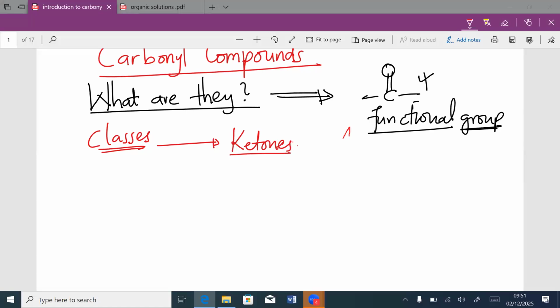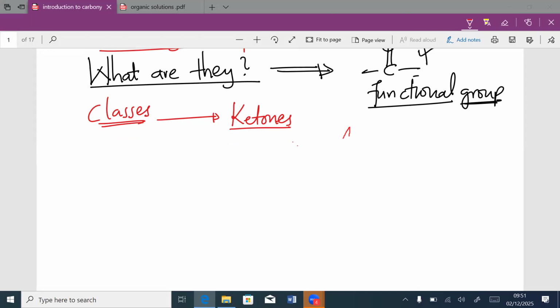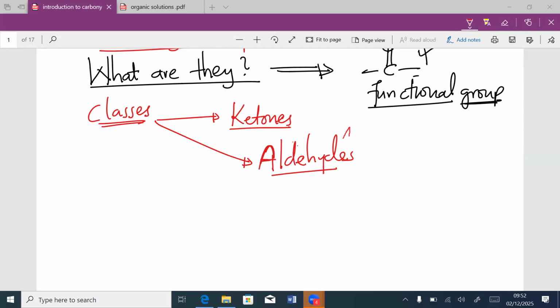Then the second class of these organic compounds are called aldehydes. So there are two classes of carbonyl compounds. You can either have ketones or you can have aldehydes.